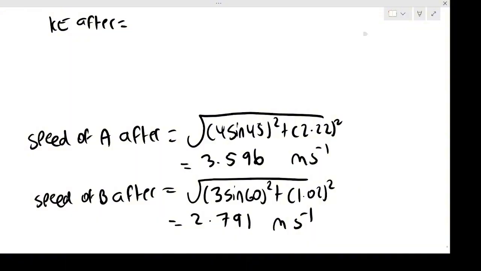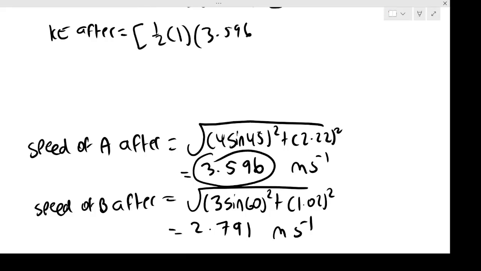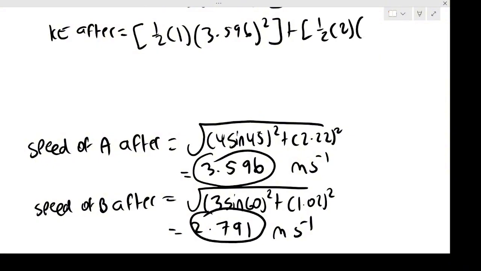So that's my speeds. Therefore, with the kinetic energy afterwards, for A, it's going to be half lots of the mass of 1, then the speed, which is 3.596 squared. Then for B, it's going to be half lots of the mass of 2, and then 2.791 squared.